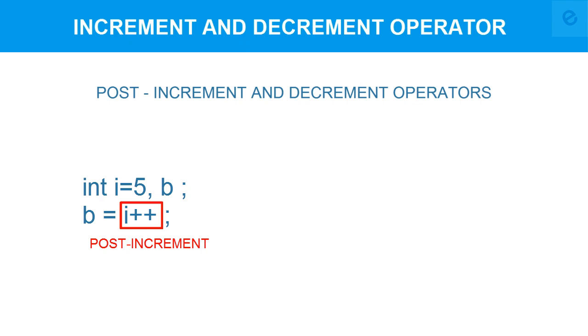When we are working with a post-increment operator, first it assigns the value of I to b, and after assigning the value to b, it adds 1 to the value of I. Hence the value of b would be equal to 5 and the value of I would be 6.